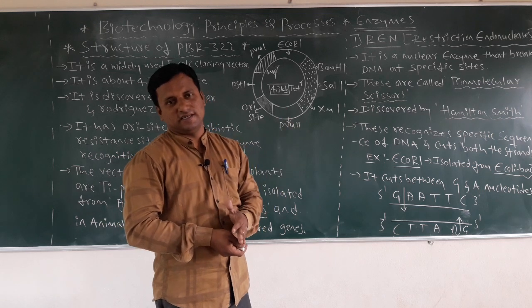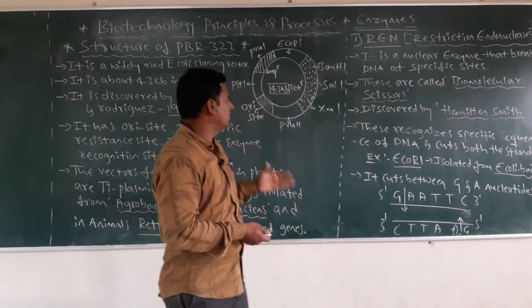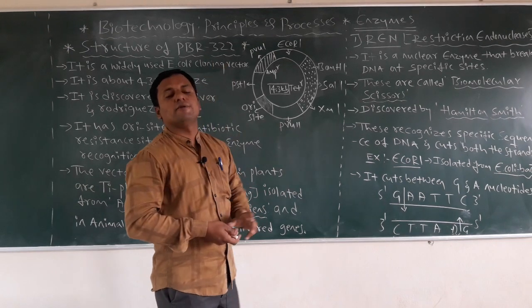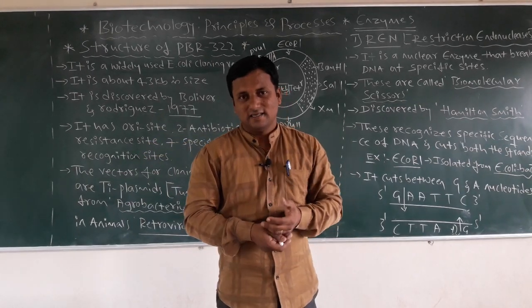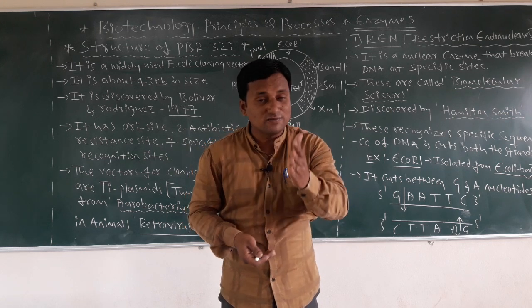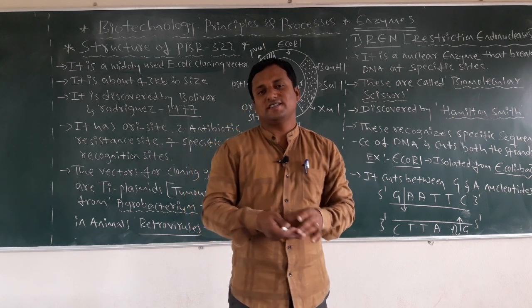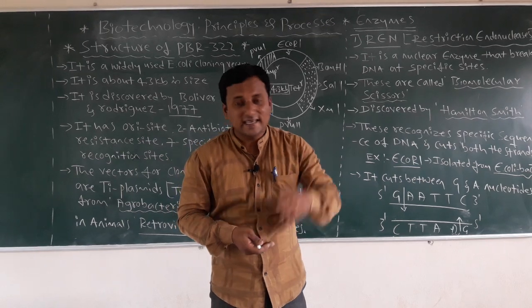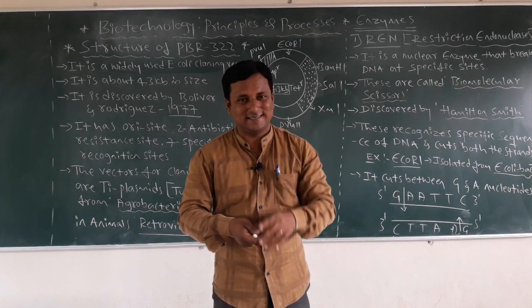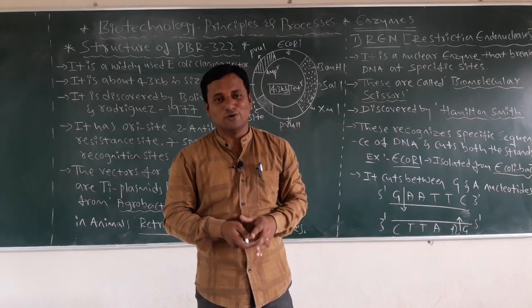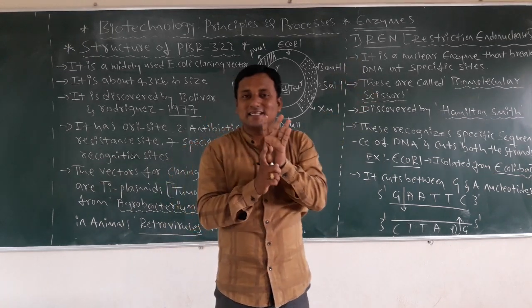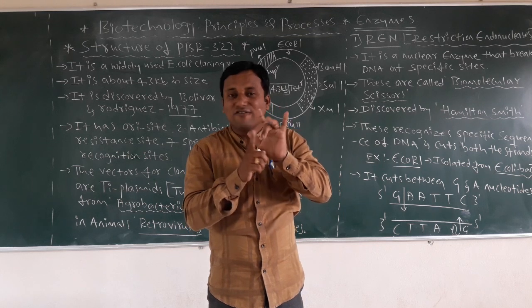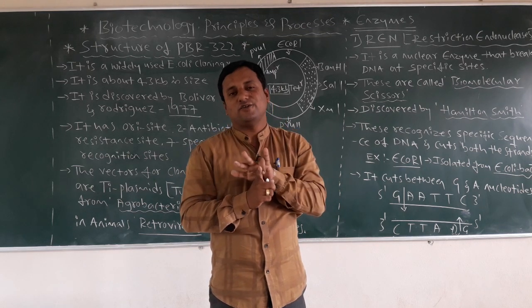In plasmids there are types such as pBR322, pUC18, cosmids, phasmids, and bacteriophages, because in yesterday's class we discussed vectors. In vectors I told you the examples are plasmids, cosmids, phasmids, and bacteriophages.